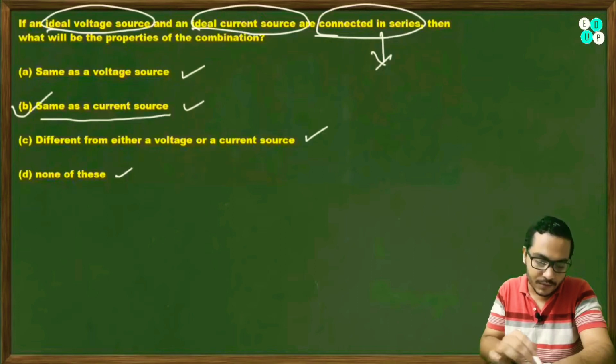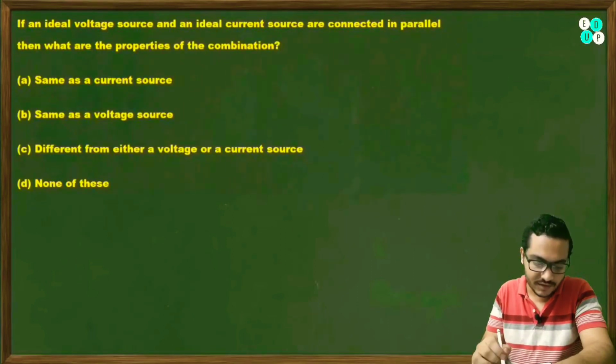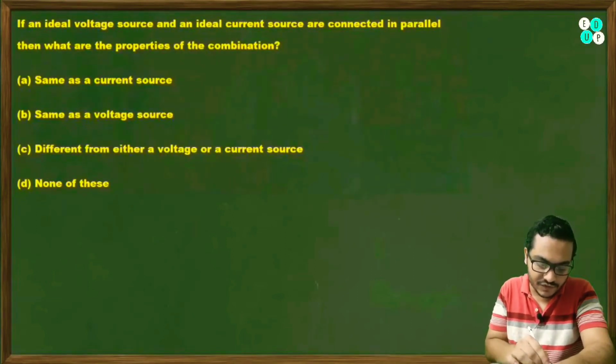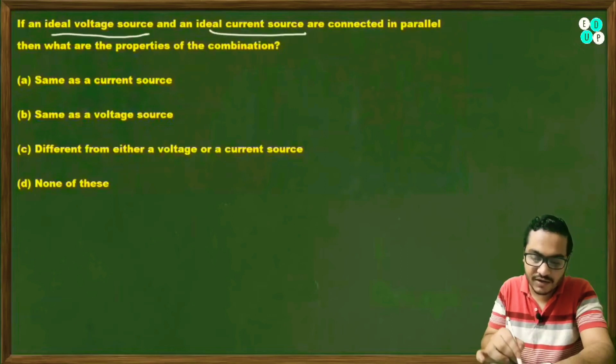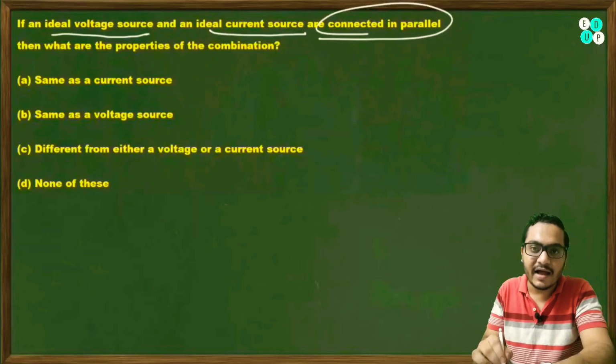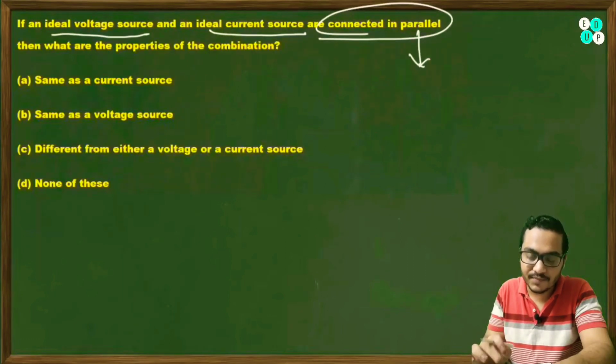Now come to the second question. In this question there are also two sources, a voltage source and a current source, but instead of series connection they are connected in parallel. As I told you, in parallel connection the voltage across all the elements will be the same, so the voltage source gets more priority.